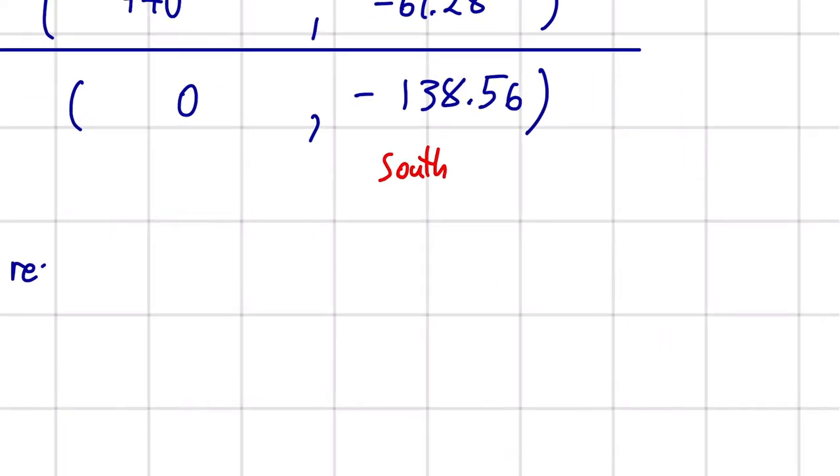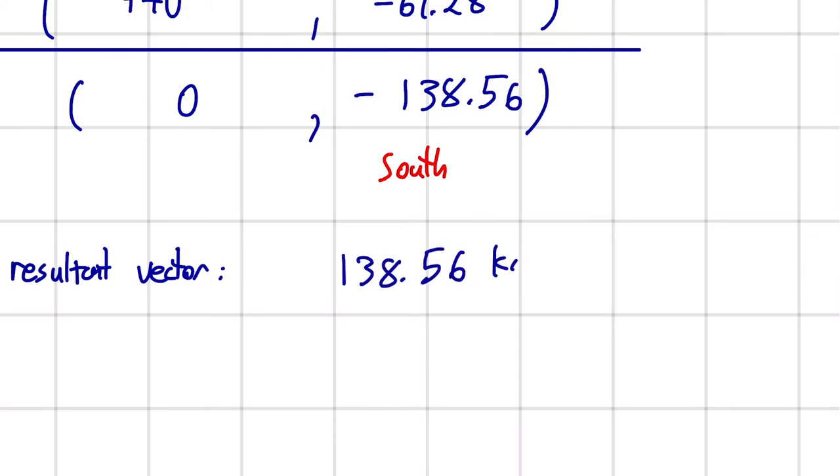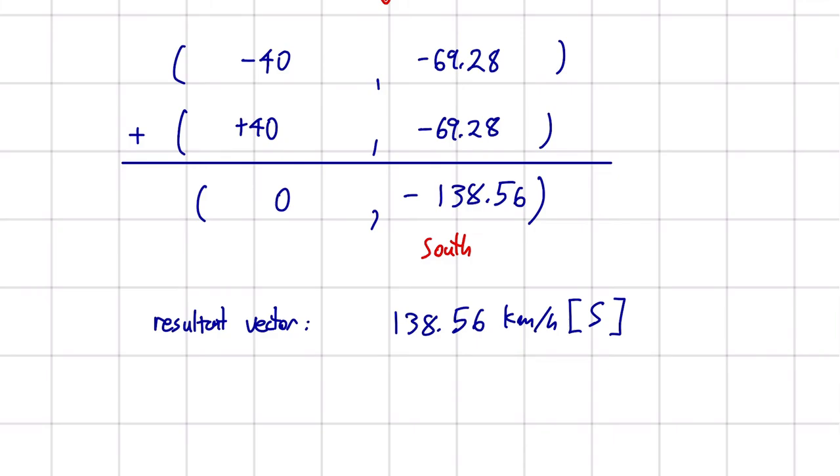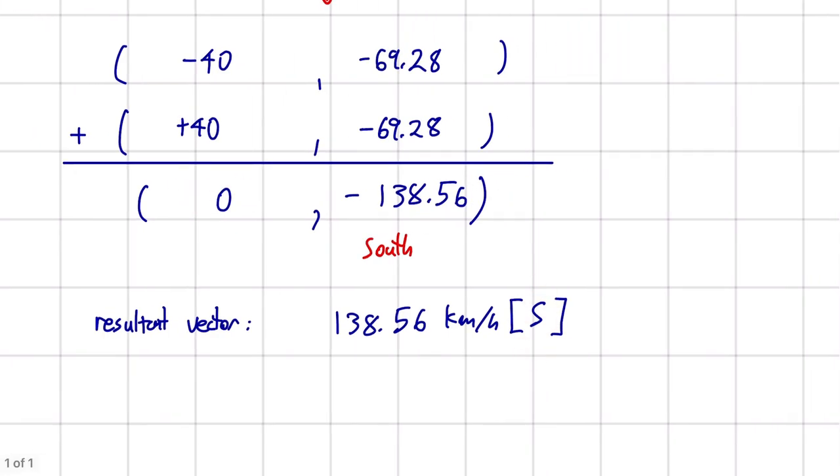So our resultant vector is 138.56 kilometers per hour, and the direction is south. And there's no east or west component because this is a 0. So it's going to be just straight south.